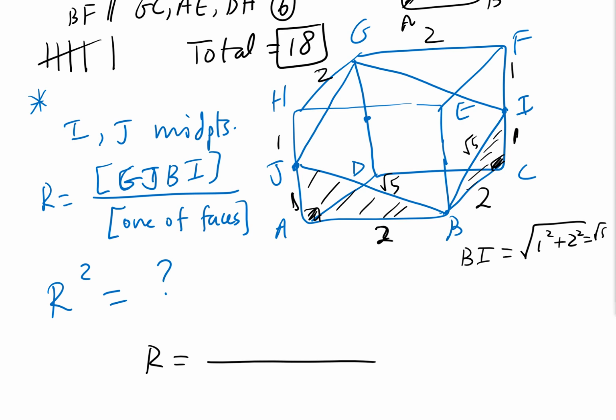Okay, so is that piece a square? It looks like a square, right? To us, it's a square. So the area of that one is the square root of 5 times the square root of 5.